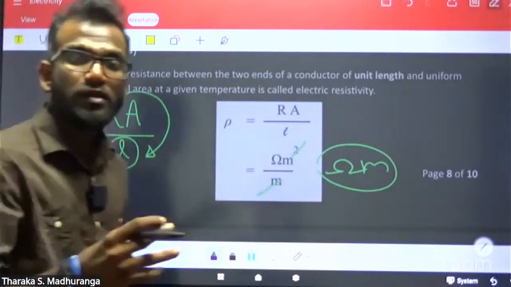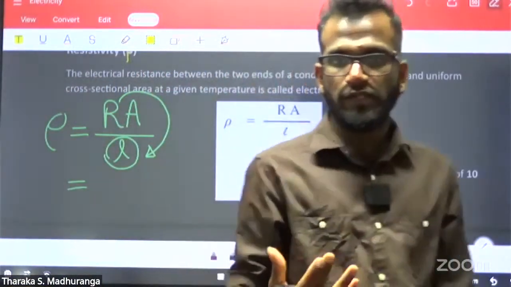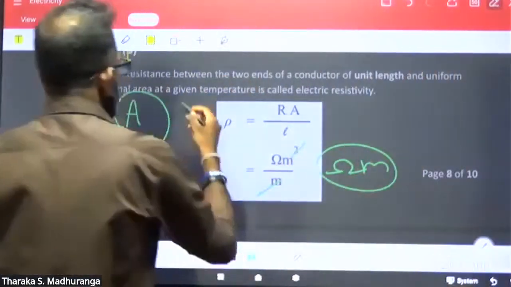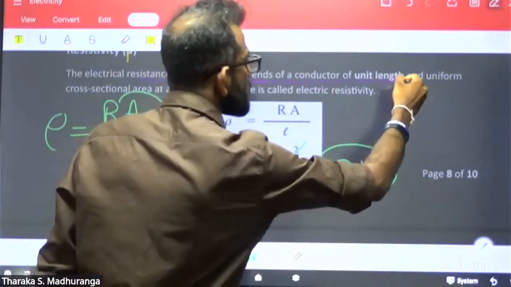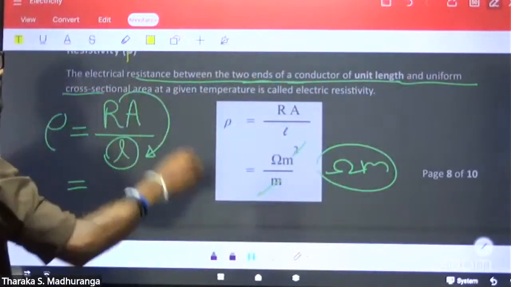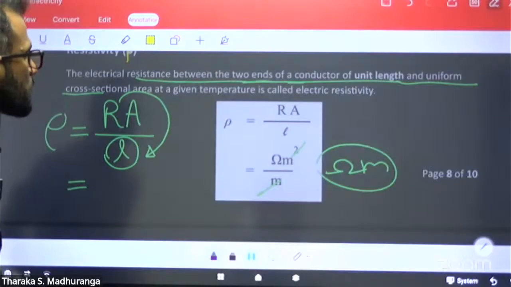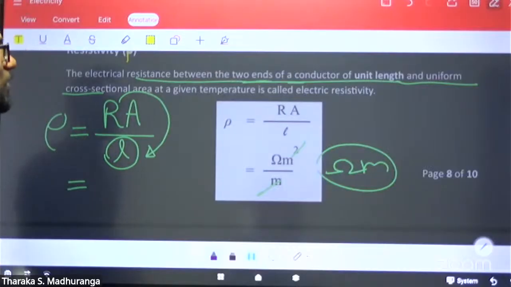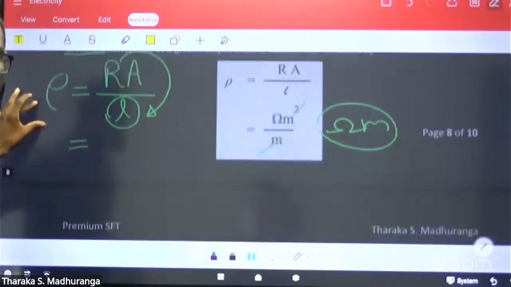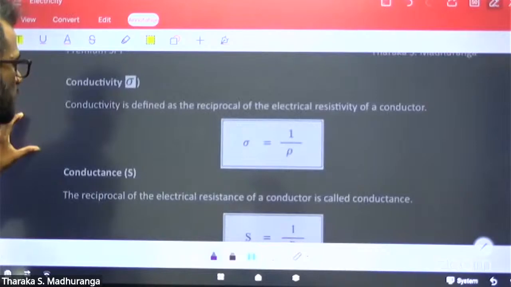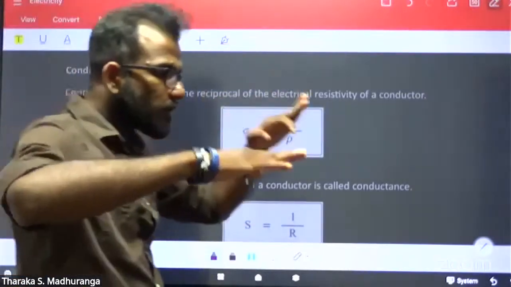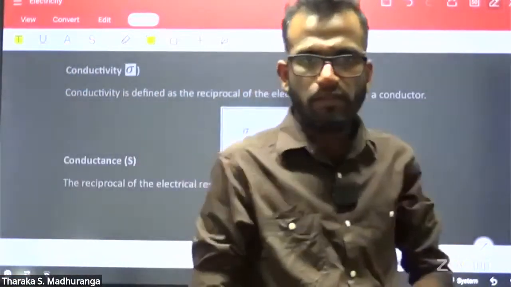The resistance between two ends of the conductor, unit length, uniform cross section, that we call electric resistivity. That you can remember from the equation. From the equation you can make a definition and remember it. Now that is the resistivity, rho.